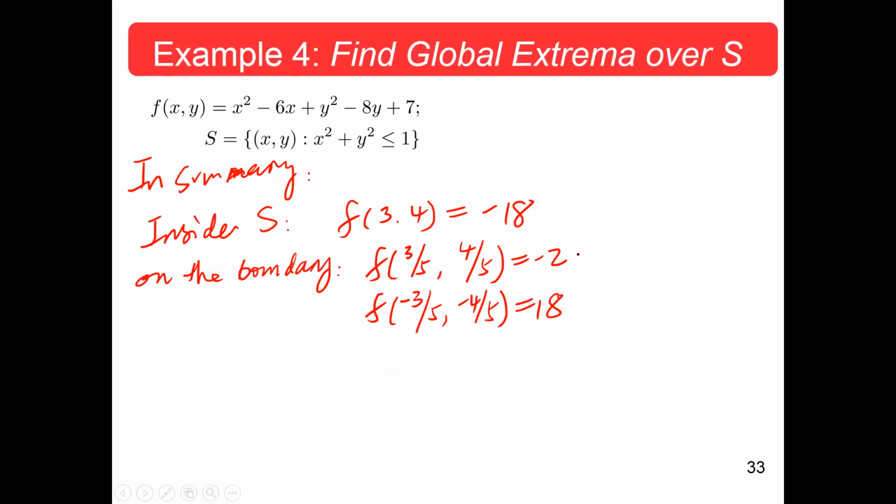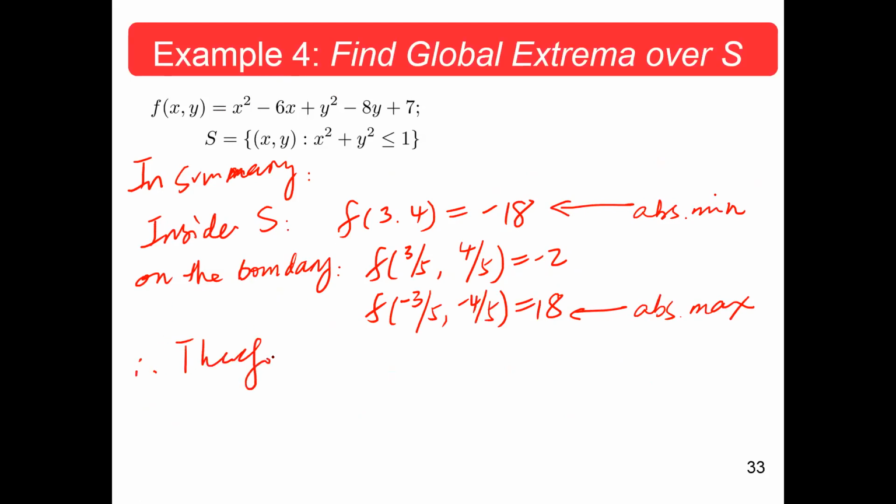I think this will be easier for you guys to see. So we can tell 18 is going to be the absolute max, and -18 is going to be the absolute min. So let's put this in conclusion.